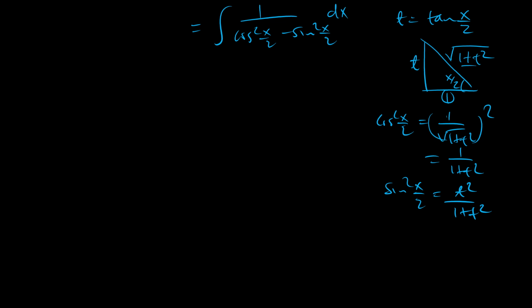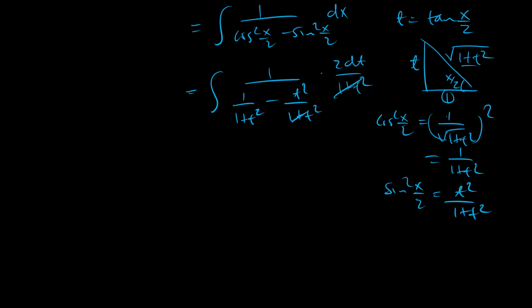So with that in mind, we have now the integral as 1 over 1 plus t squared minus t squared over 1 plus t squared, times 2 dt over 1 plus t squared.